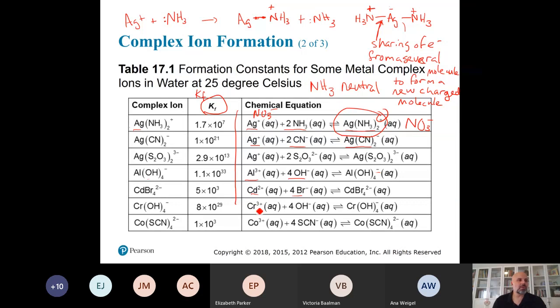So whenever we're talking about Kf, it's still large. Even this is 1,000, right? If we compare that to the Ka of acetic acid, I think it's 1.6 times 10 to the minus 5 or something like that. So 1,000 is still extremely large in comparison.